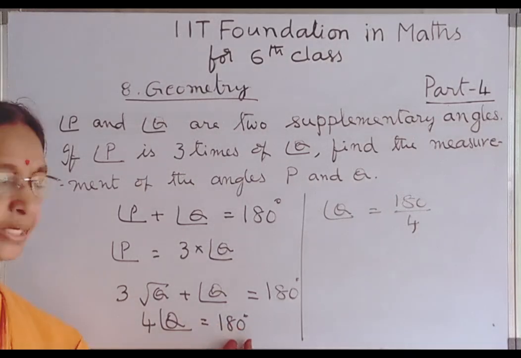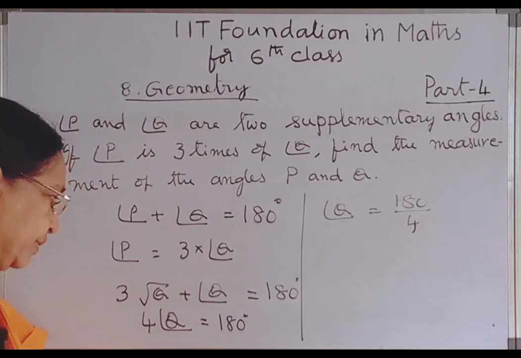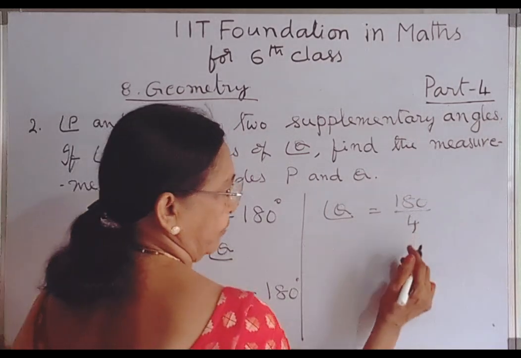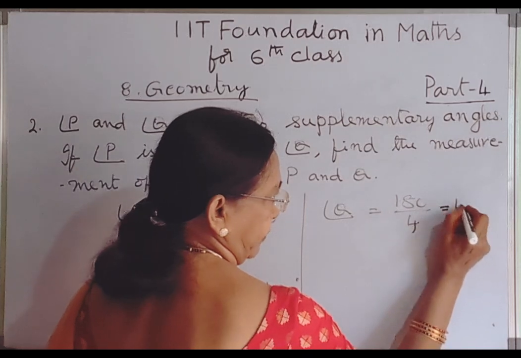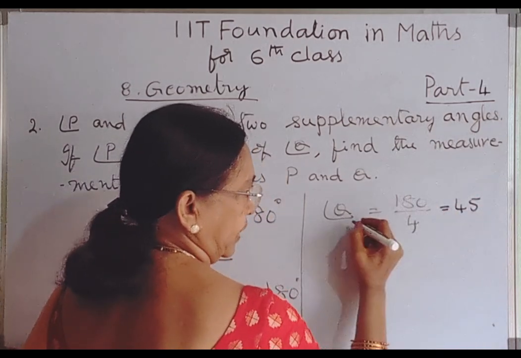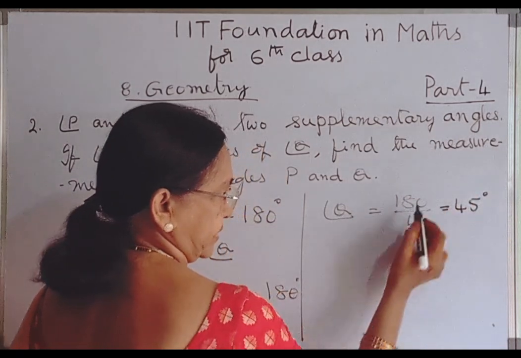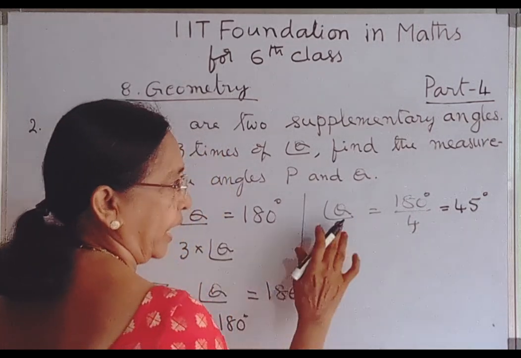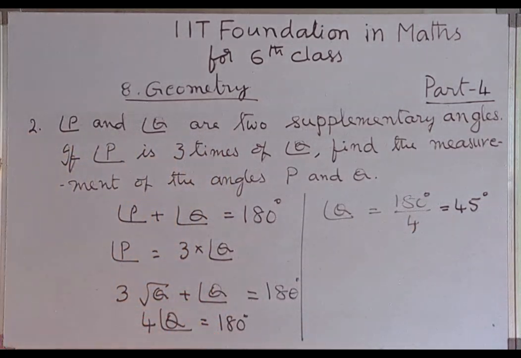Bringing this 4 to the right side, it becomes divided by 4. So 180 by 4 is equal to 45. So angle Q is equal to 45 degrees.